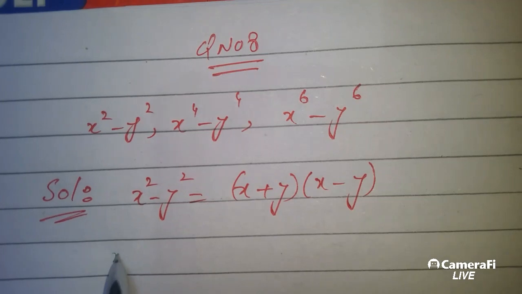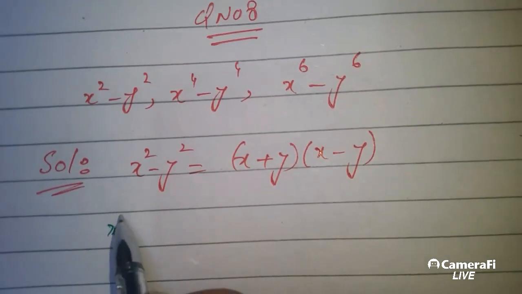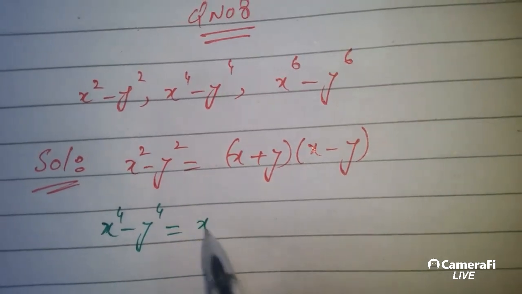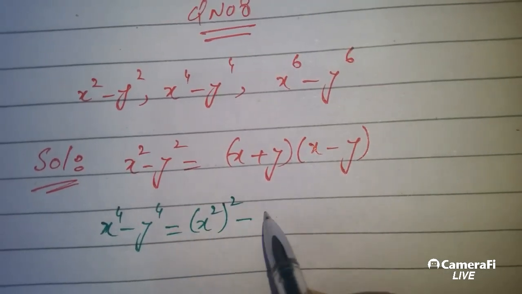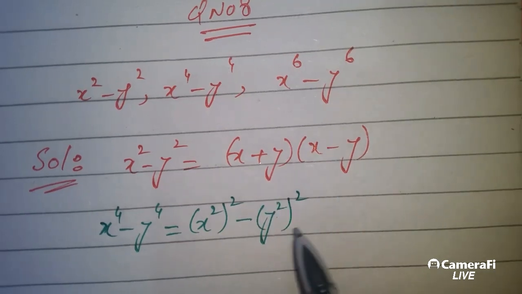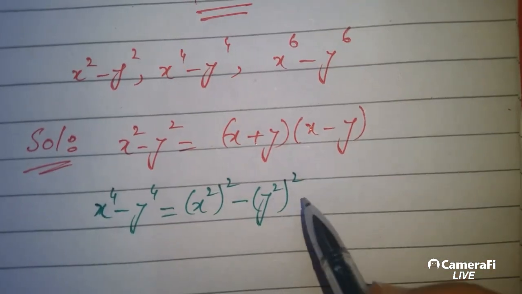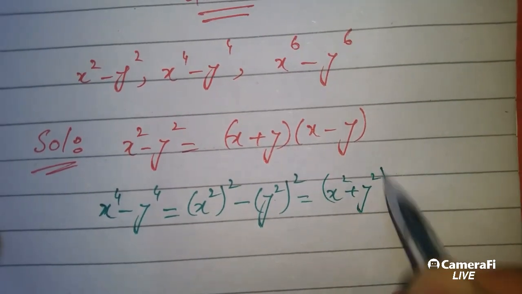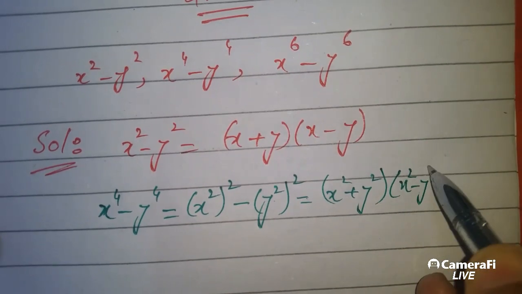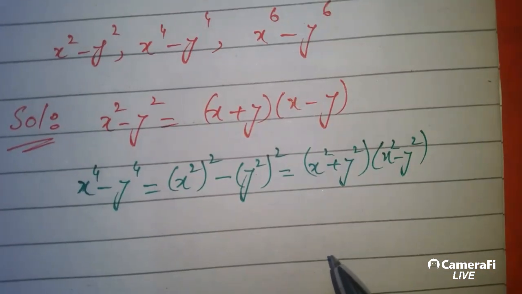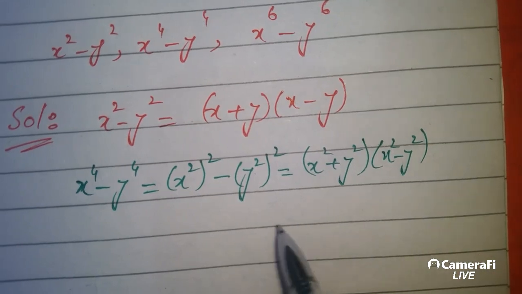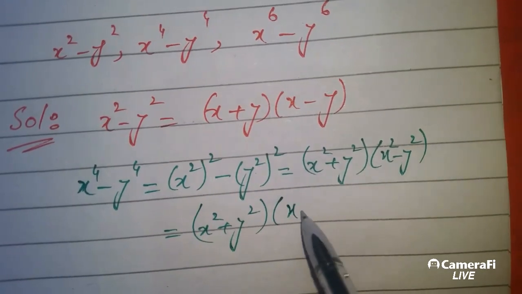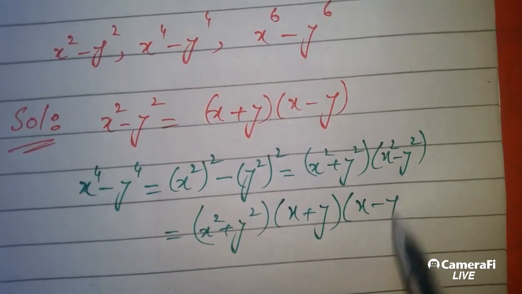Similarly, x raised to power 4 minus y raised to power 4 can be written as x square whole squared minus y square whole squared, which can be written as x square plus y square and x square minus y square. So it is x square plus y square and x plus y into x minus y.